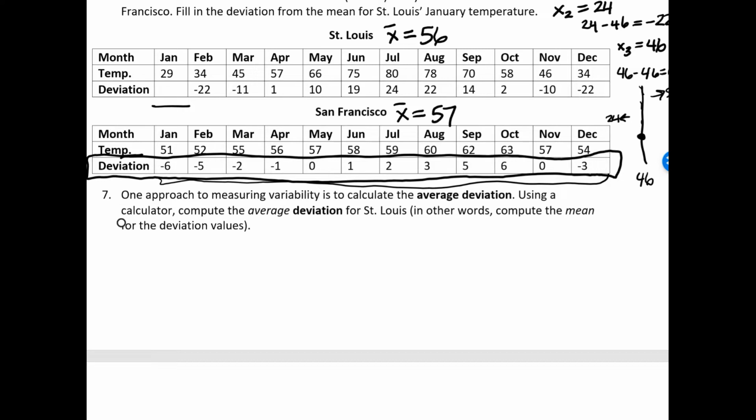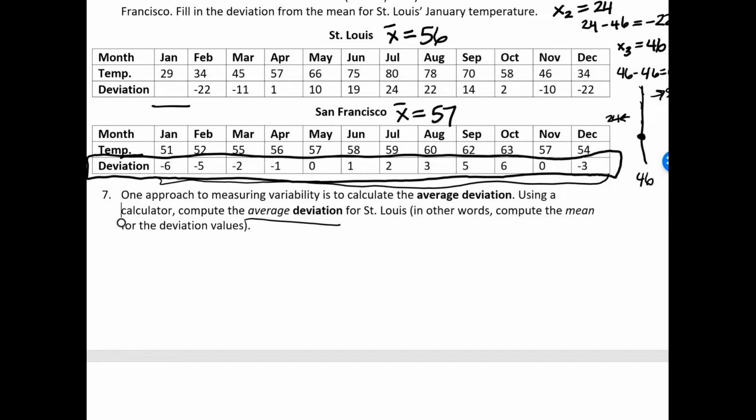And then we could say, well, on average, the data points differ from the mean by about so much, right? So I want you to take a moment, pause the video, get out your calculator for this one, and compute the average deviation for both St. Louis, either one, honestly. So you can try for St. Louis, you can try for San Francisco. If you really want to practice, try both of them.